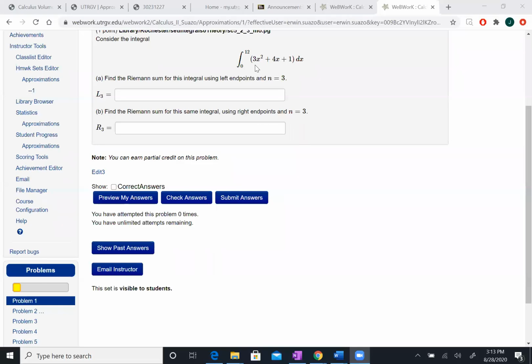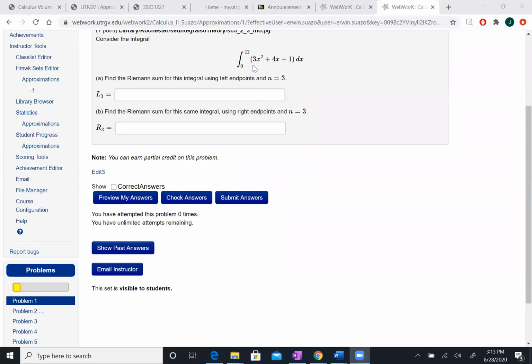We need to solve the integral to find the approximation. Okay, hold on. Let me open it. No, you just do as we are doing. Let me share my screen.